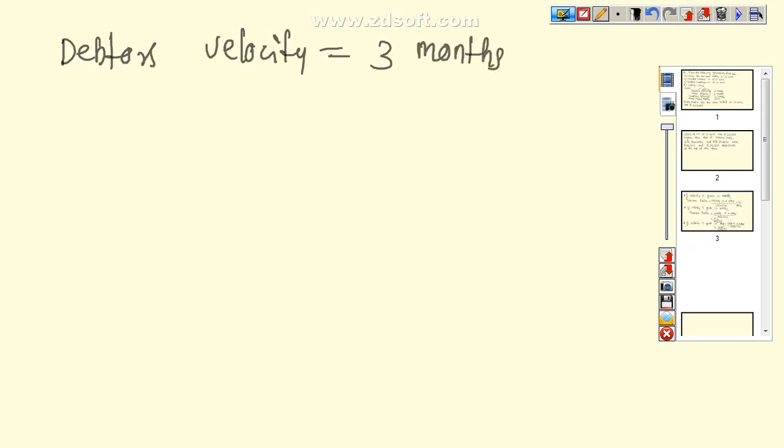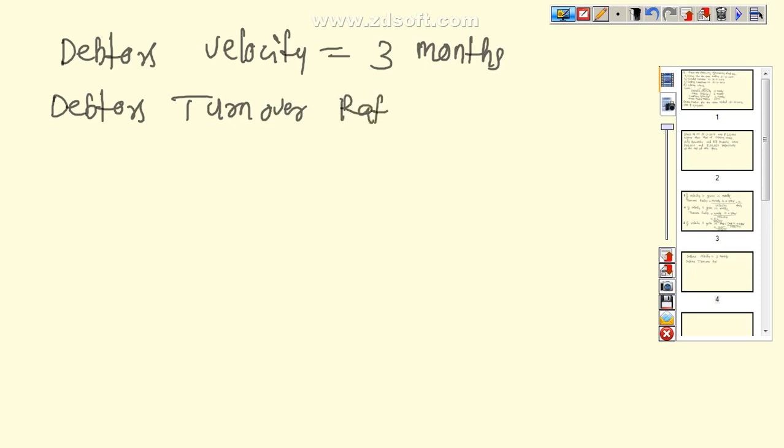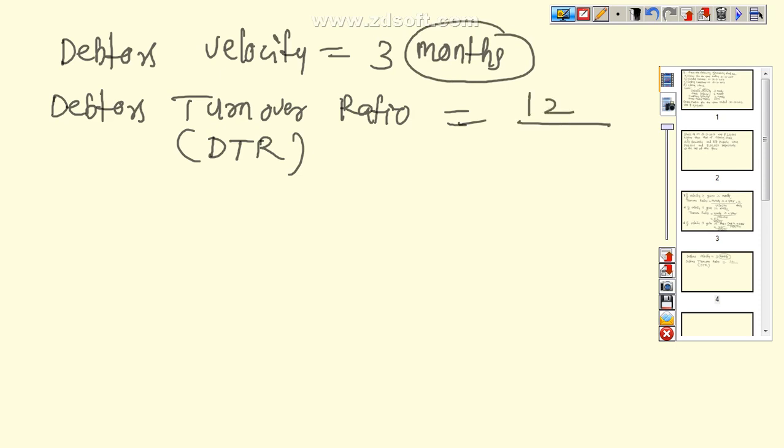Now, how to calculate the debtors turnover ratio, which we can denote with DTR? If velocity is given in months, turnover ratio is equal to months in a year, that is 12 upon velocity, that is 12 upon 3, that is equal to 4.